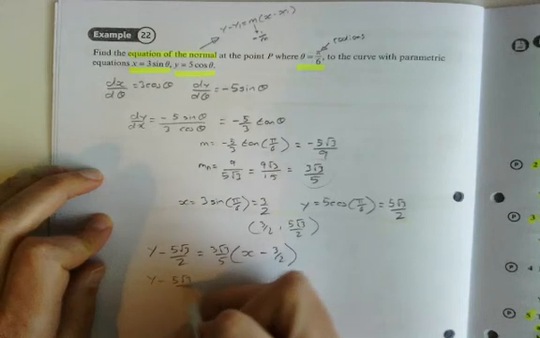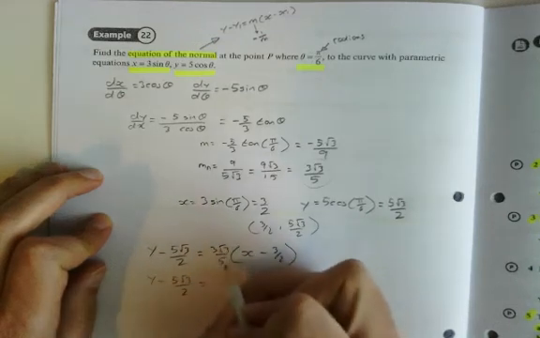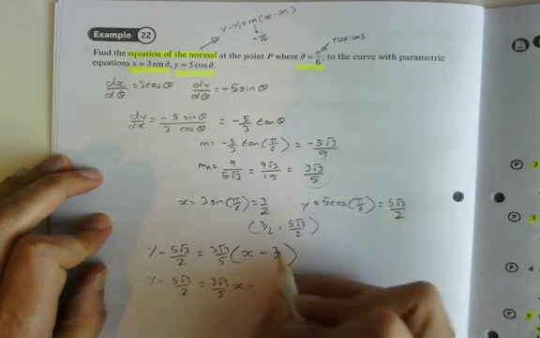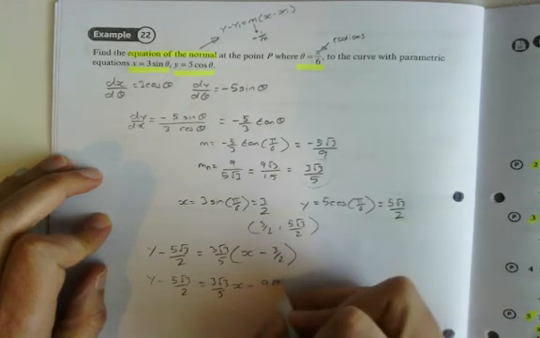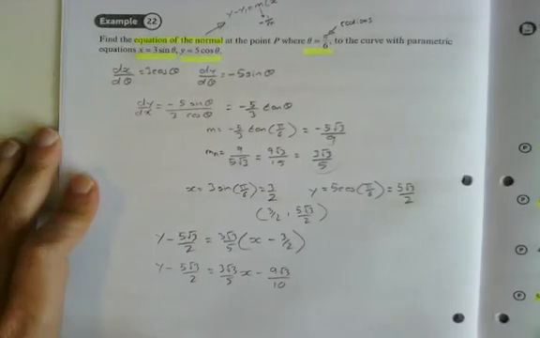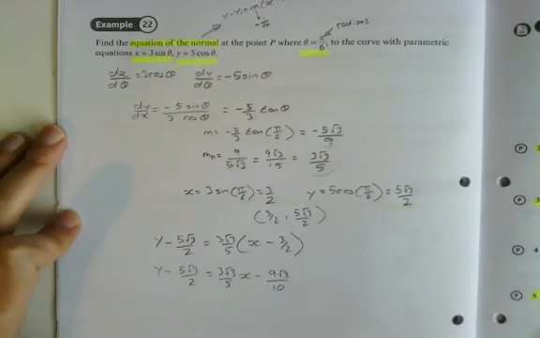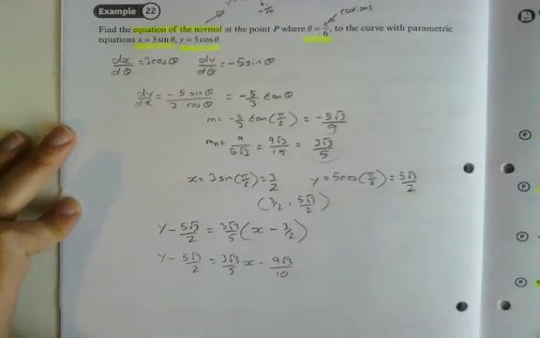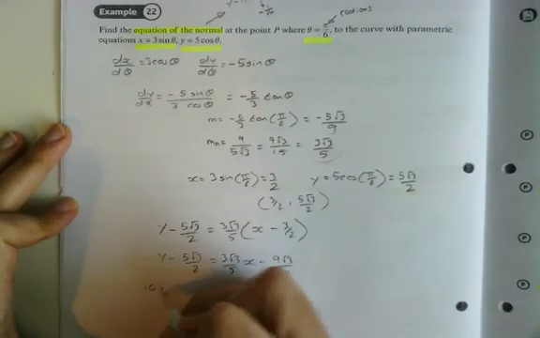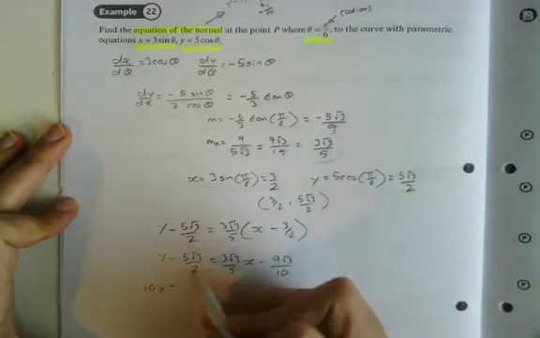I'm just going to multiply this out and just tidy it up a little bit. So y minus 5 root 3 over 2 will equal 3 root 3 over 5x minus this times this, which is going to be 9 root 3 over 10. I'm then going to multiply everything by 10, just to get rid of all the fractions.